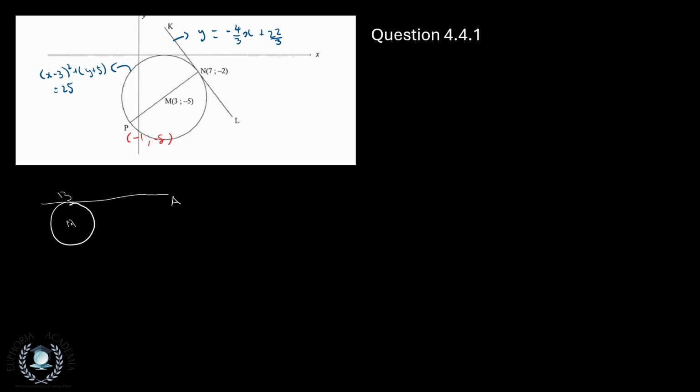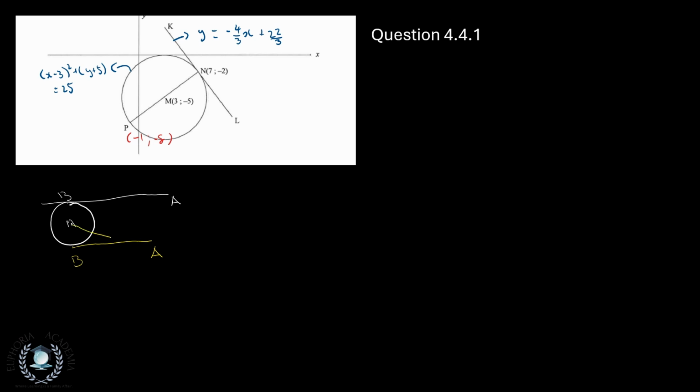Or let's just say that point there is B, and then a tangent can be drawn from A to there, or any other point. It's going to be the same situation, so I'll just work with this one here.